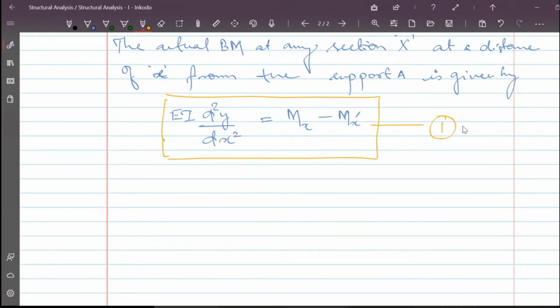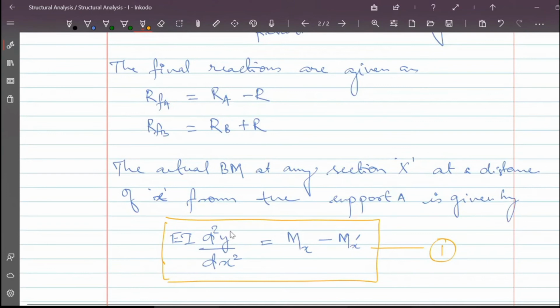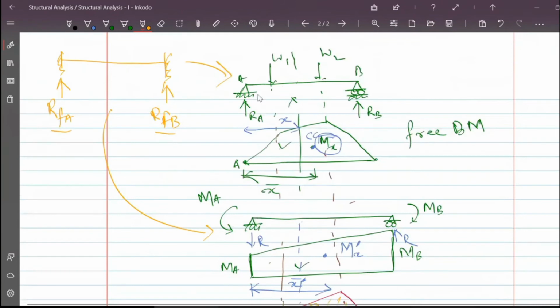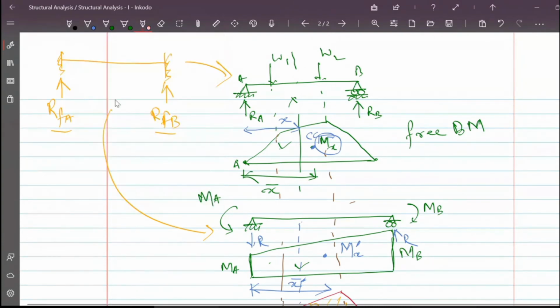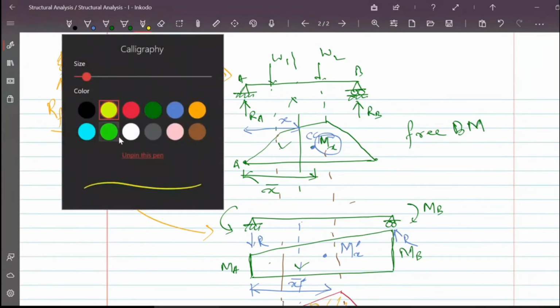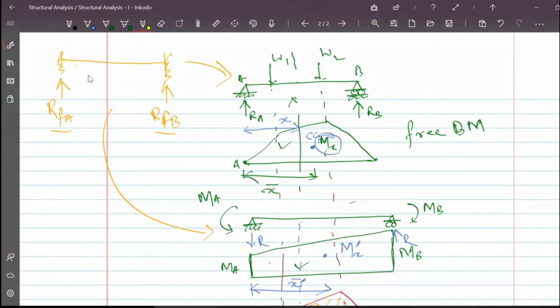Okay, now you may ask, sir, what is this y? y is the deflection of this beam, or deflection of this fixed beam. So when the beam deflects, it will deflect somewhat like this.